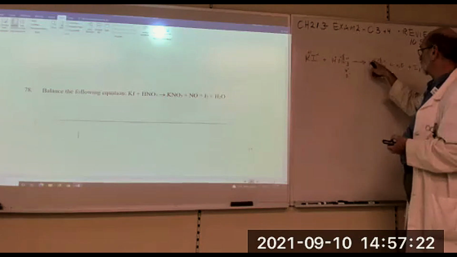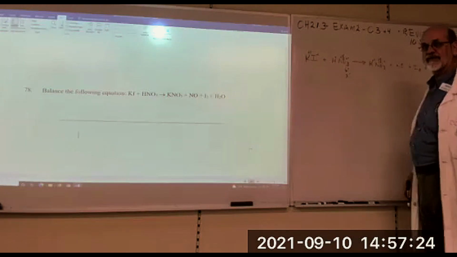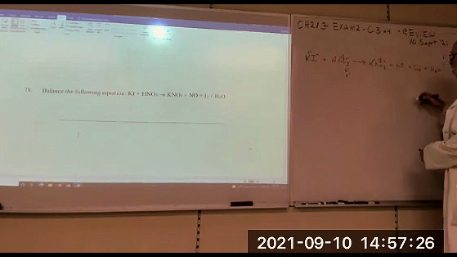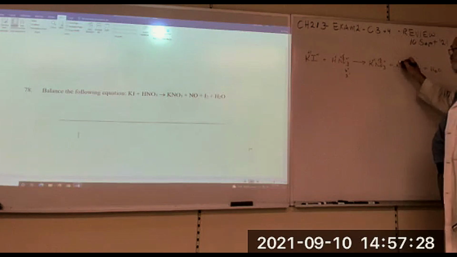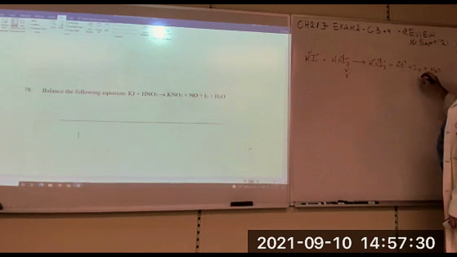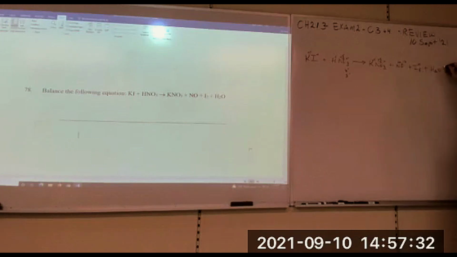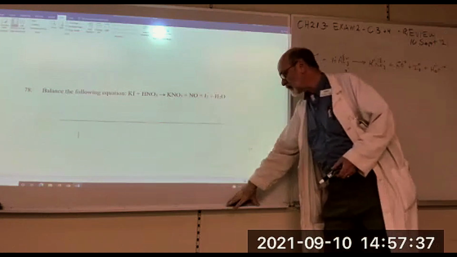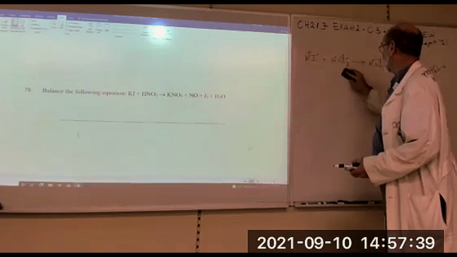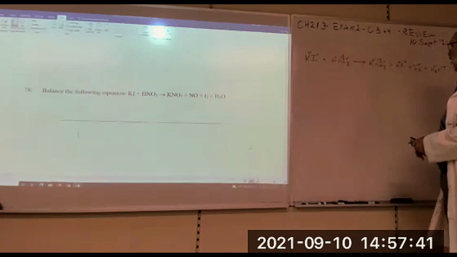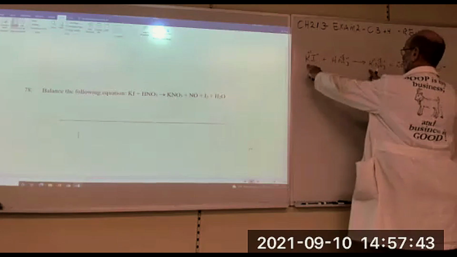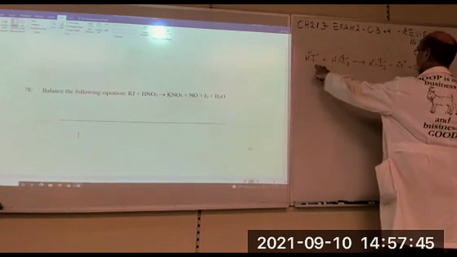Because that's a plus, this is a plus, that's a 2 minus, has to be +5. No other possibility. This one is -2, so this one's a +2. And this one is a 0, and this one's a -2, and this is a +1. Okay, so now we got all our oxidation states up there. We'll say, what happens where? Potassium didn't change. Iodine changed.